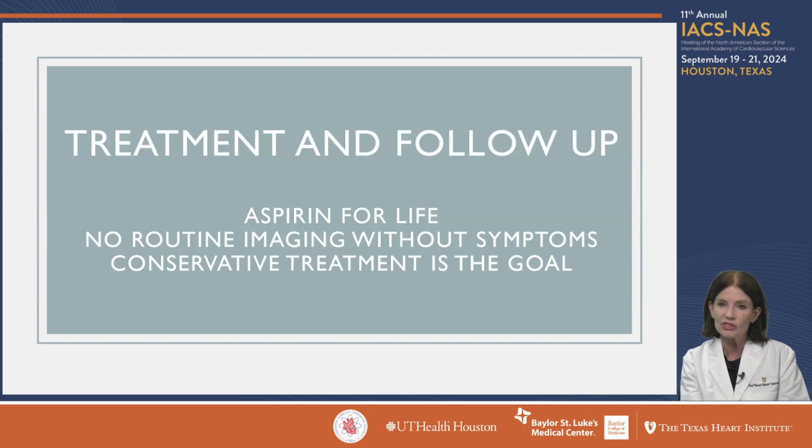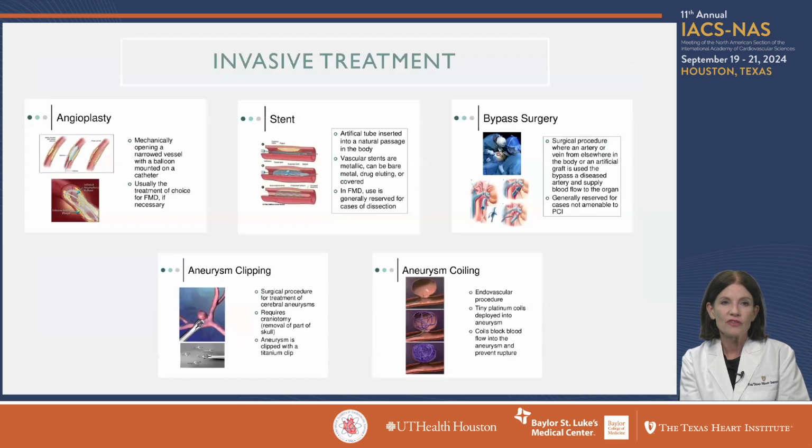Conservative management is certainly the treatment goal, and we wait for signs and symptoms. Invasive treatments, when necessary, are recommended, but really we recommend only invasive strategies if there's critical ischemia or a sudden event with very, very poor blood flow.